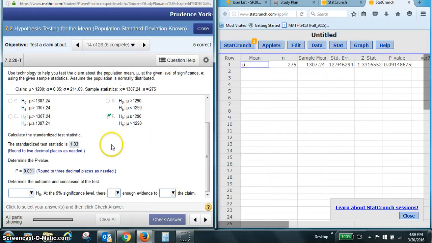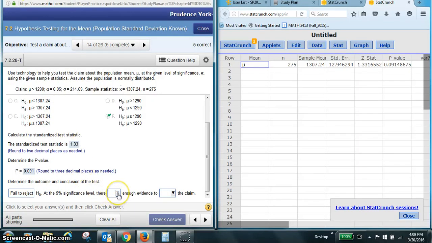Now, I can compare this p-value to my alpha value. Remember that if p is less than alpha, we reject the null hypothesis. But when you look at this p-value, 0.09, that's greater than 0.05. So we fail to reject because p is greater than alpha.